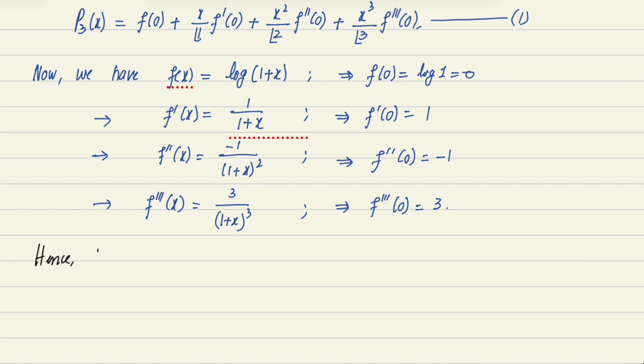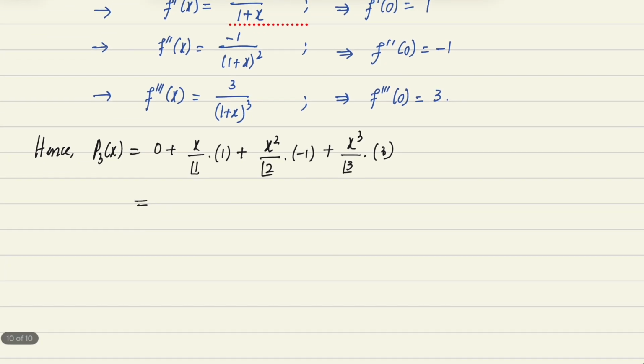Hence the third degree Taylor polynomial is P3 of x. This is equal to, first of all f of 0, which is equal to 0, plus x divided by 1 factorial f dash of 0, that is equal to 1, plus x square divided by 2 factorial f double dash of 0, that's equal to minus 1, plus x cube divided by 3 factorial f triple dash of 0, that's equal to 3.